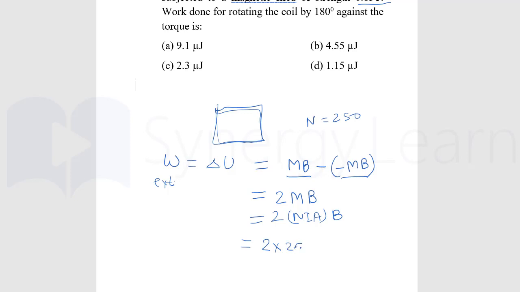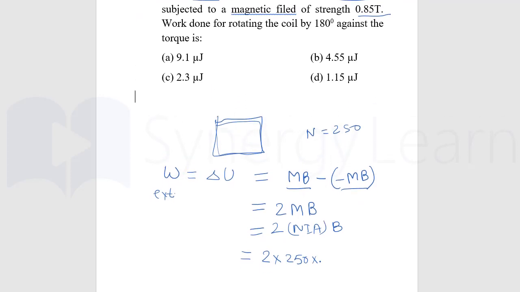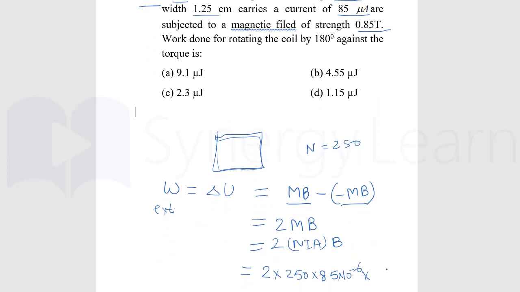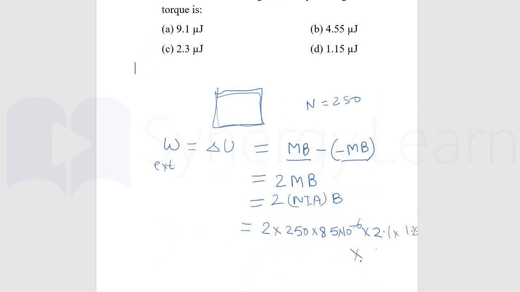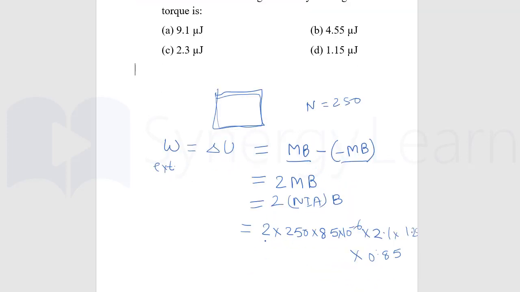N, which is 250, current which is 85 microampere. So we are not bothered about the power of 10. We will simply see the numeric value because the options are very wide. Multiplied by area. For area we have length equal to 2.1 centimeter and width 1.25 centimeter. Multiplied by the strength of the magnetic field, which is 0.85 Tesla. This is approximately 2.